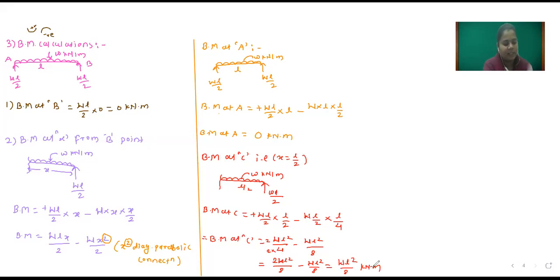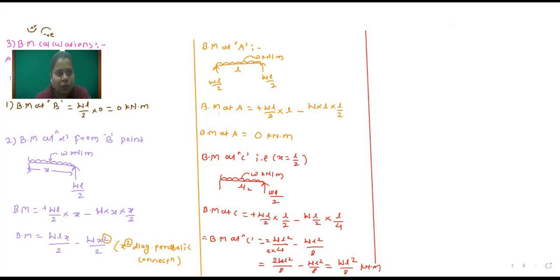Now the last part is remaining. We have to draw the bending moment diagram and shear force diagram. So now we will draw the shear force and bending moment diagram here. First I will draw the original beam, and then we will draw the shear force diagram and bending moment diagram.